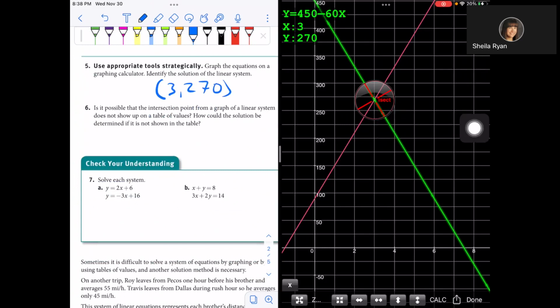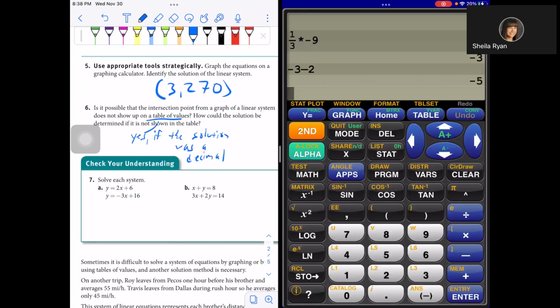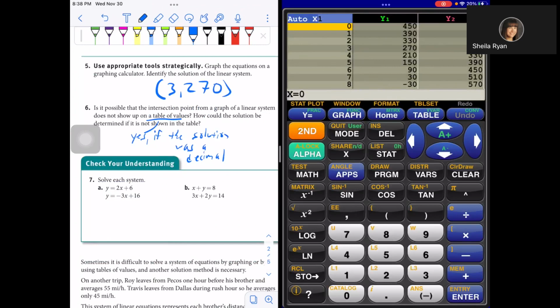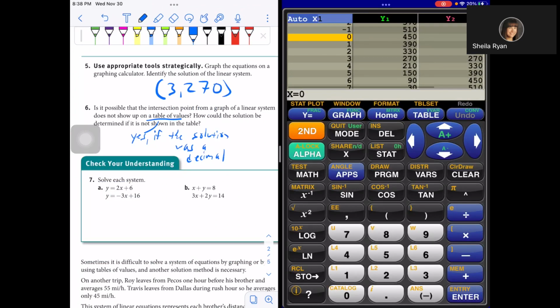Number 6, is it possible the intersection point from a graph of a linear system does not show up on a table? So we could say yes if the solution was a decimal. You probably wouldn't see it in the table because the table's just going 0, 1, 2, 3, and so on.